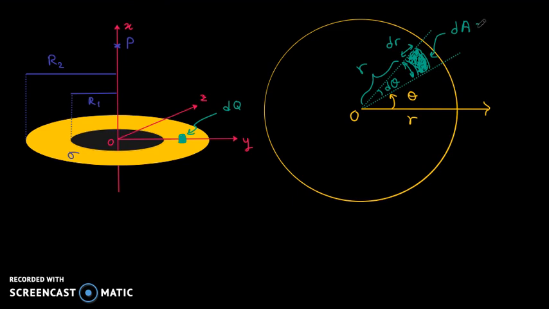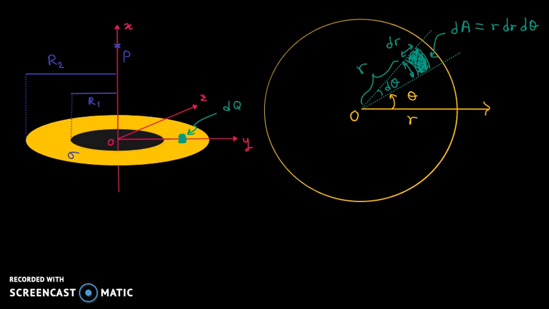So the area element in polar coordinates is equal to r d theta dr, or r dr d theta. Again, the flat side is dr, and the curved side is the arc length, which is equal to d theta times r. Now I have an expression for the area element in terms of the polar coordinates.